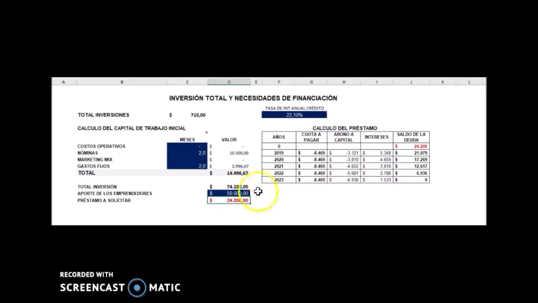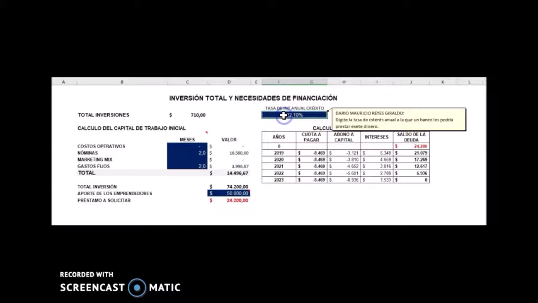So we verified that the interest rate for the banks is about 22.10%. So we're hoping that with our level of sales, we can pay that debt in 2023. That's in about 4 years.